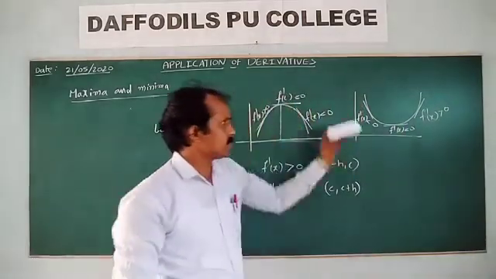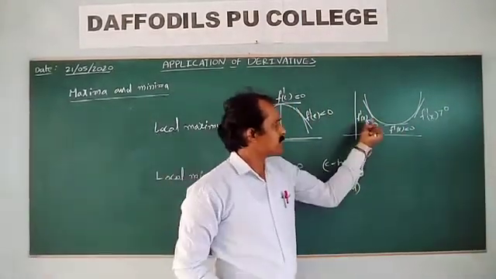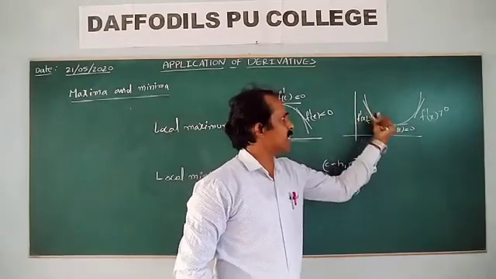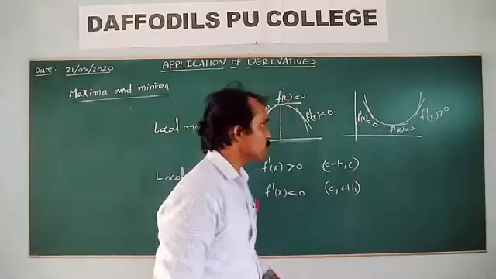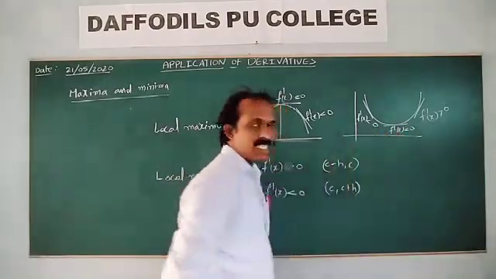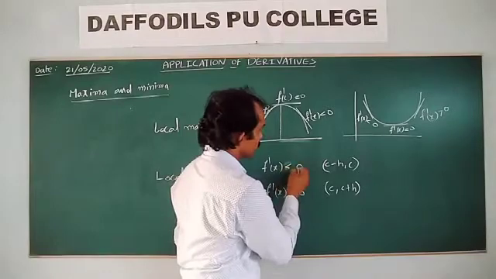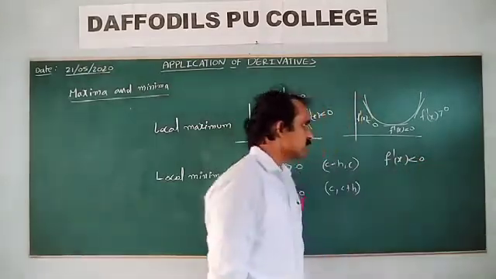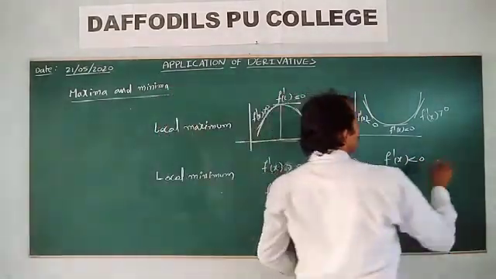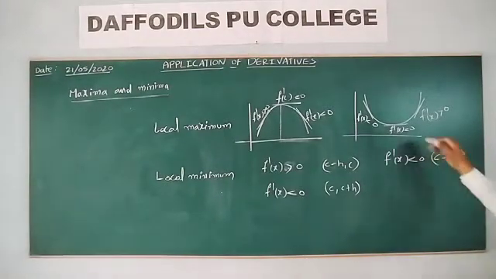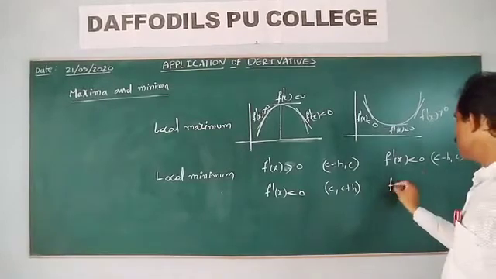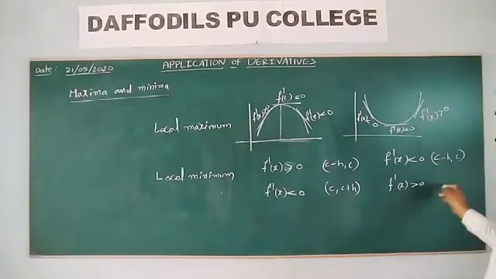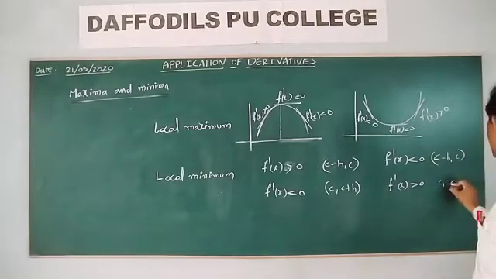Look here, the sign of the function's derivative changes from negative to positive as x increases through C. That is, f dash x is less than 0 sufficiently close to the left of C, and the sign changes from negative to positive, that is f dash x is greater than 0 sufficiently close to the interval C comma C plus h.